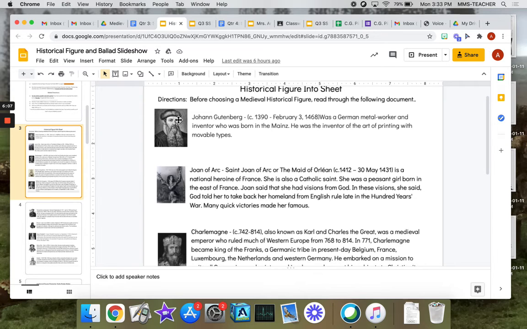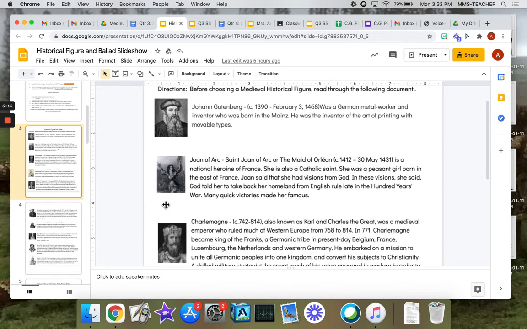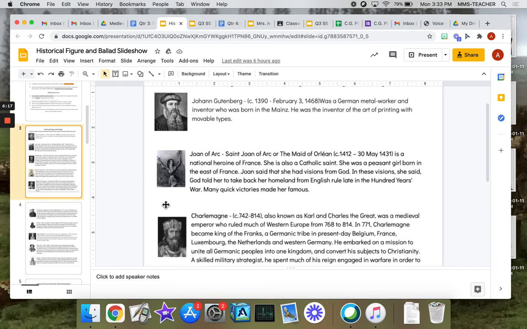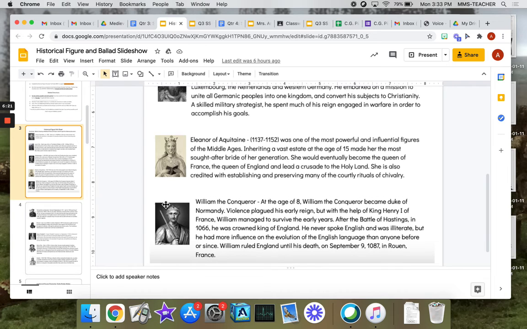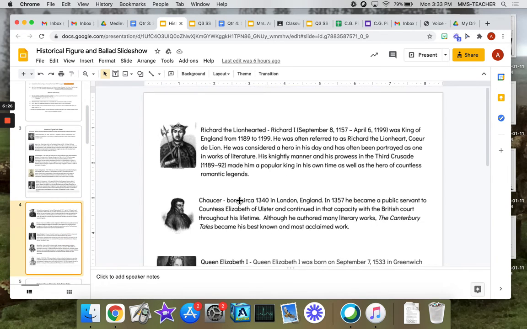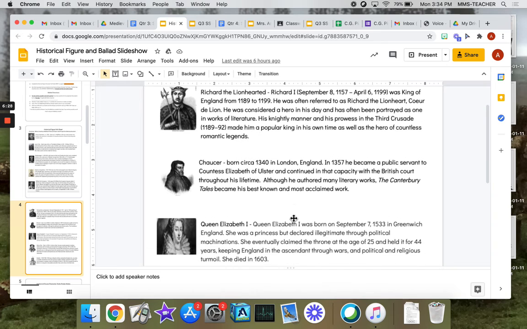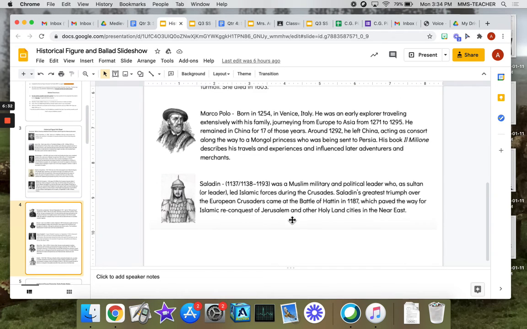The directions say, before choosing a medieval historical figure, read through the following document. So you're going to read through slides 3 and 4, reading about each person: John Gutenberg, Joan of Arc, Charlemagne, Eleanor of Aquitaine, William the Conqueror, Richard the Lionhearted, Chaucer, Queen Elizabeth I, Marco Polo, Saladin.